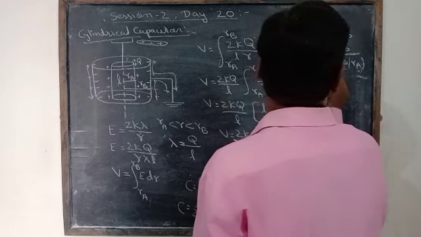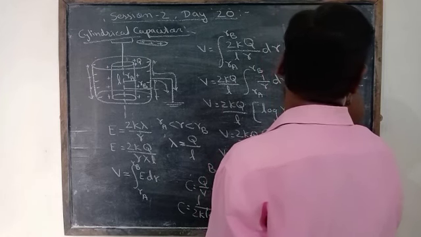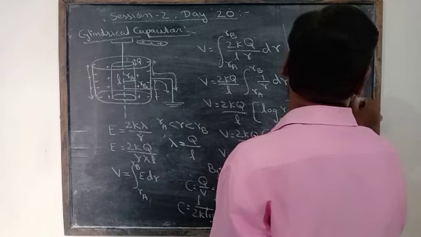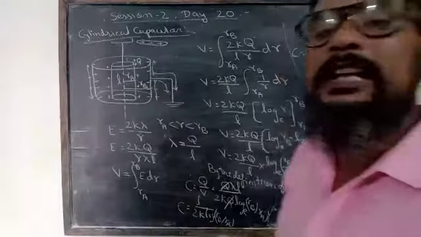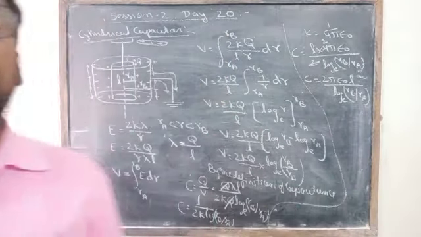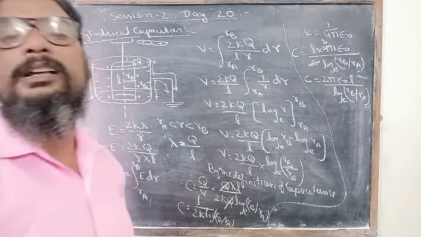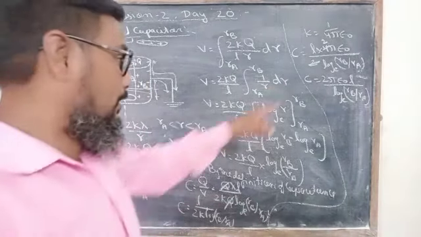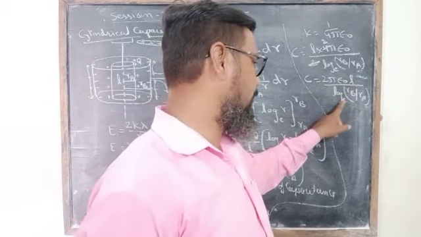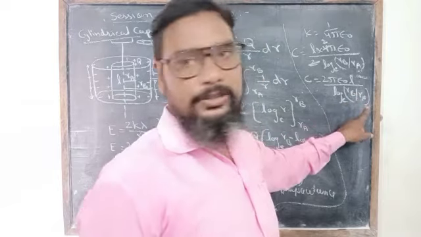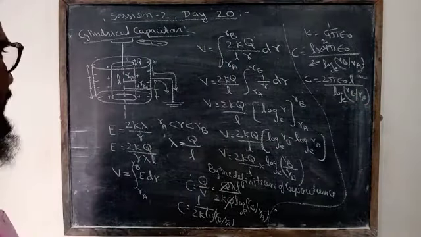So capacitance will be 2 pi epsilon naught L upon log base E RB upon RA. This is the expression for the cylindrical capacitor. C is equal to 2 pi epsilon naught L upon log base E RB upon RA.